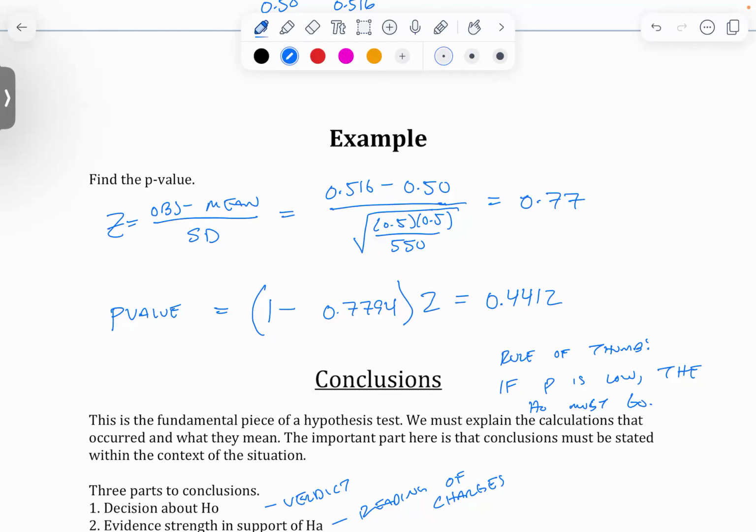That means there's a 56% chance they did commit the crime. That's not very high. In order to give a guilty verdict, you want to assume there is a high chance the defendant did commit the crime, or a low chance the defendant did not commit the crime.